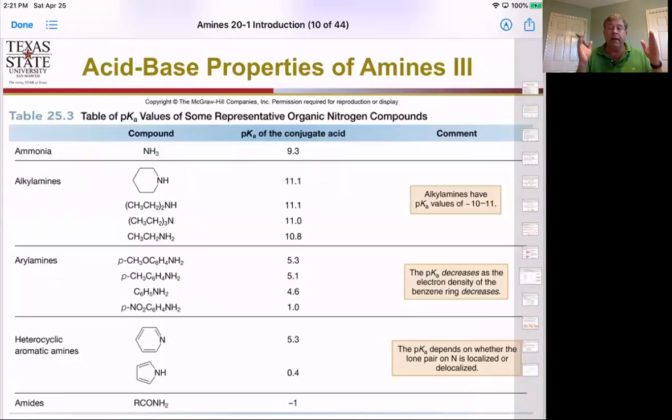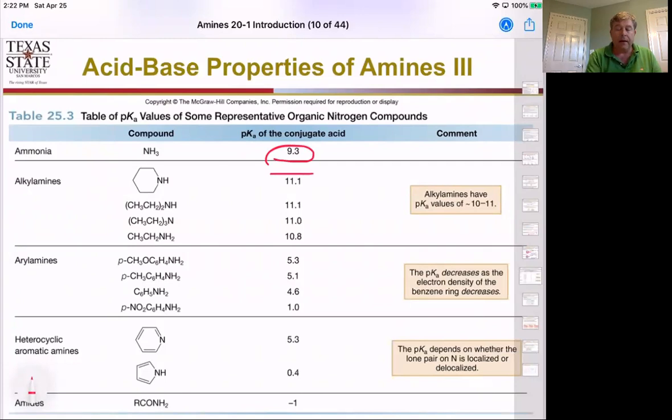Okay, so if we look at the relative basicities of all these different things, again, we're going to use the pKa value as our thing to look for. The higher the number in the pKa of our conjugate acid, the more basic the material is. If we look at ammonia, we have a nice intermediate value of around 9 in pKa.